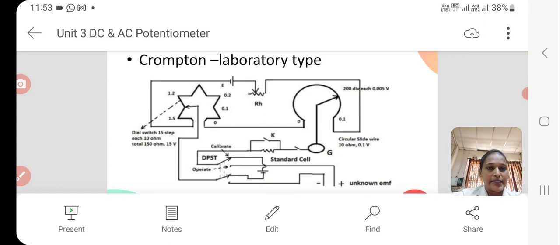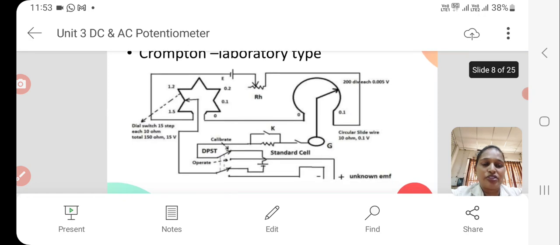It is connected in series with a source voltage denoted by E, which in turn is connected to the rheostat. Dial 2 is a circular slide wire of 10 ohms.